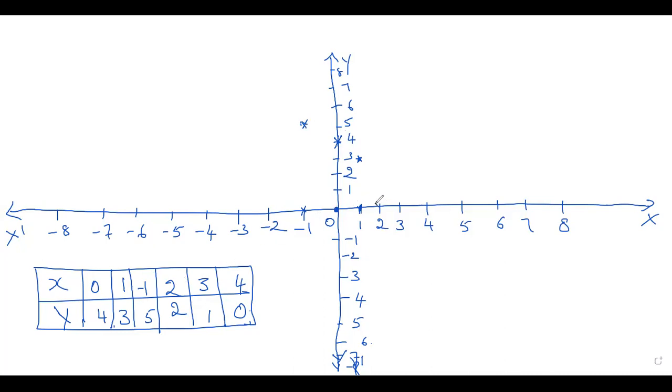X is 2 and y is also 2, right? Plus 2, so I'm going along the y axis. Next, x is 3, y is 1. For x, look on the x axis. It comes at 3, and y is 1, above the origin, look on the y axis.